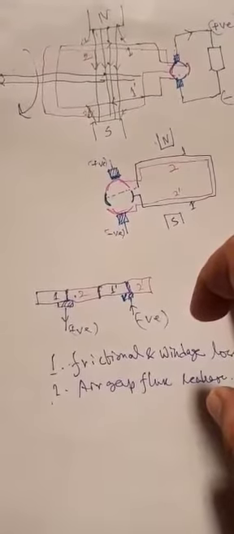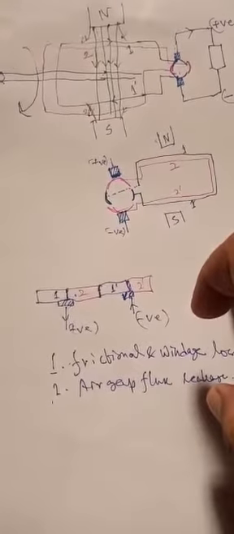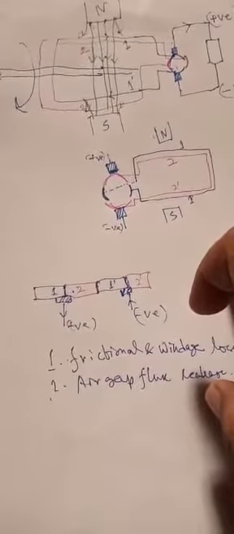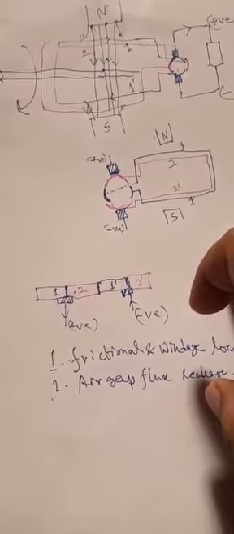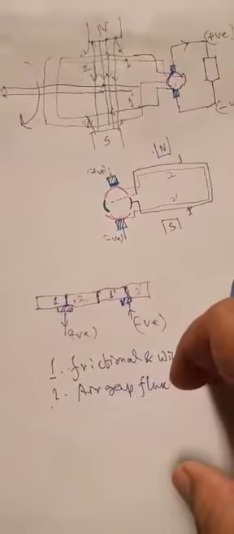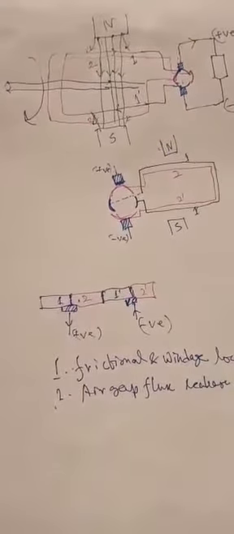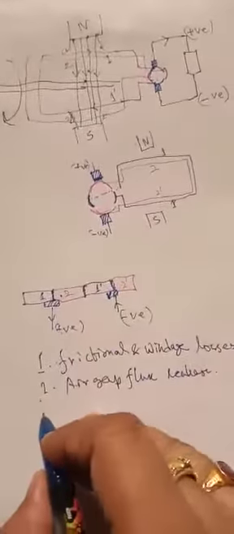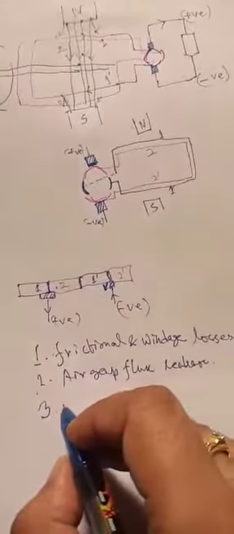So this reaction on the pole side will make an armature reaction loss, because the field fluxes will be decreased. And this is our third one.